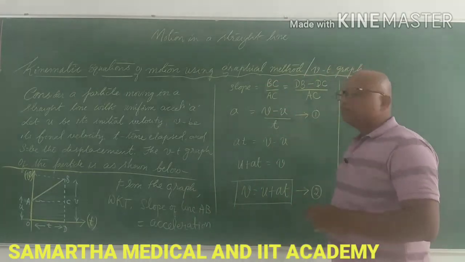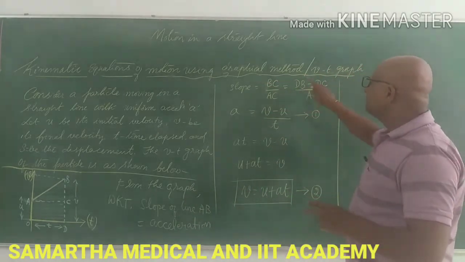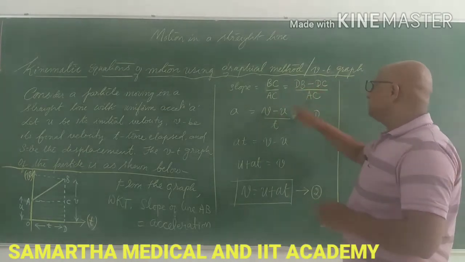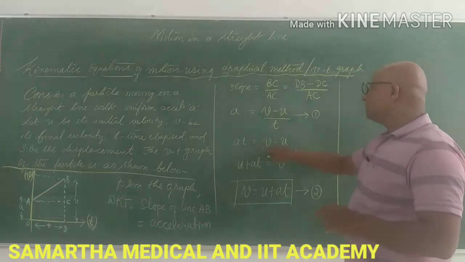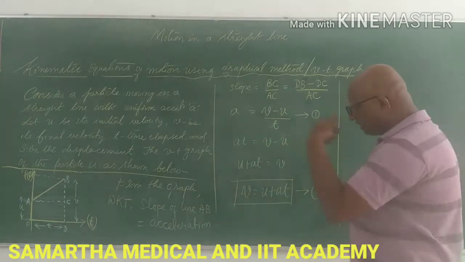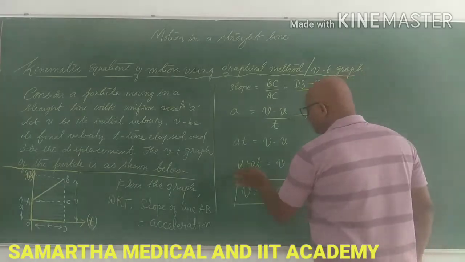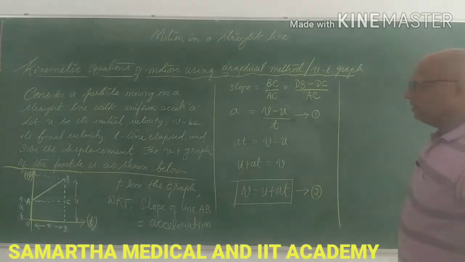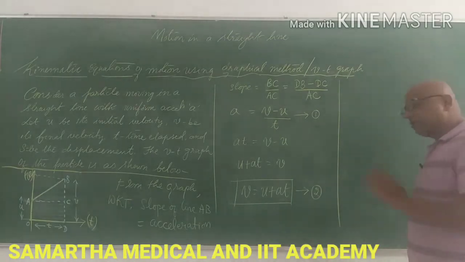So slope is nothing but BC by AC, which is dV minus dC by AC. dV is V, dC is U, divided by t, that is at is equal to V minus U. If you send U to the left hand side, it will be U plus at is equal to V. V is equal to U plus at. This is the equation we have obtained. This is the first kinematic equation.